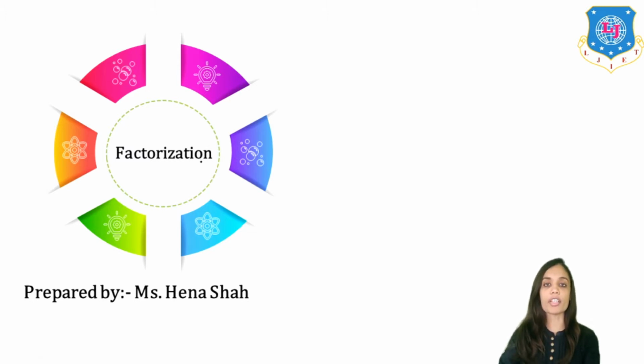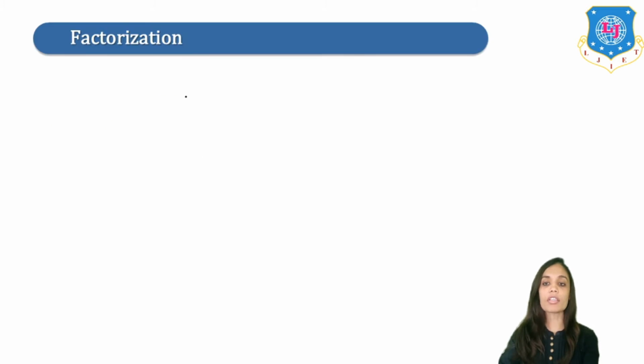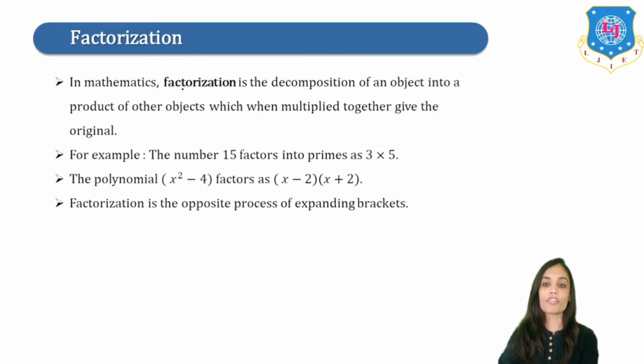Topic named factorization. So let us start with the topic. In mathematics, factorization is the decomposition of an object into a product of other objects which, when multiplied together, give the original form. For example, the number 15 can be written as 3 into 5.